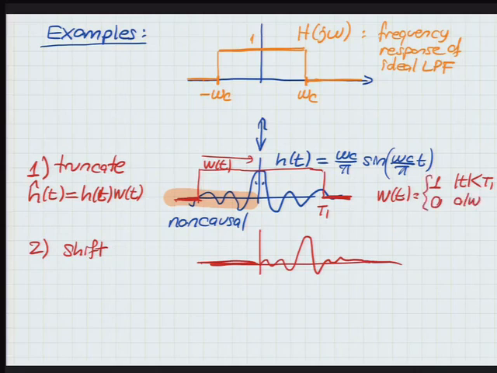So if I multiply my h, which is the octopus, with w, the tail ends of the octopus will be gone, but the main center will be there, right? So that's the first thing. And then the second one is simply shift. How much will I shift? This point being negative t1.